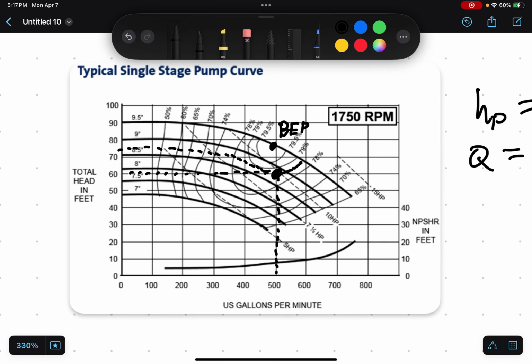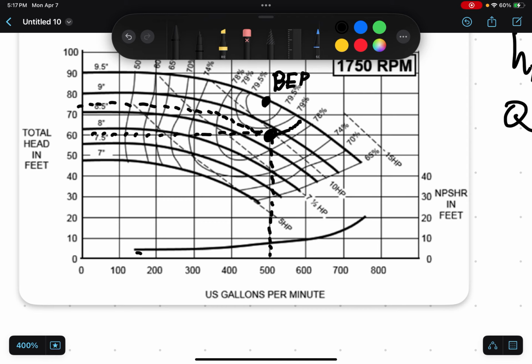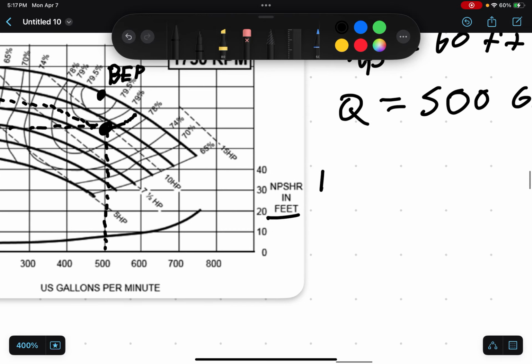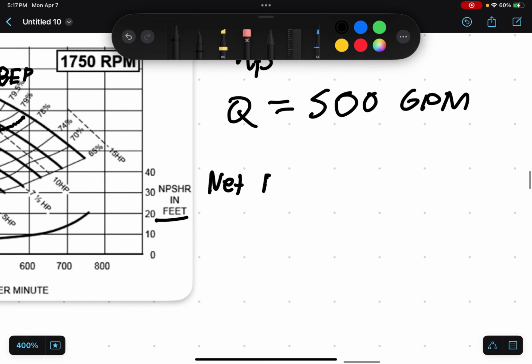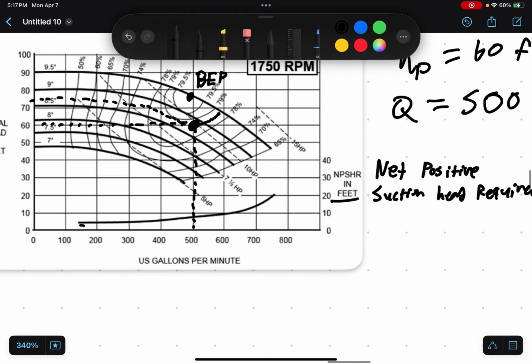Okay. I guess one other thing with the pump curve. So there's this term, NPSHR, and that stands for net positive suction head required.